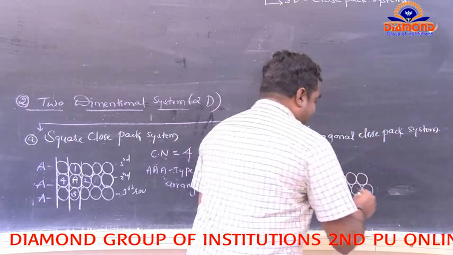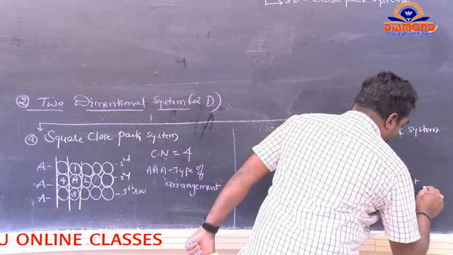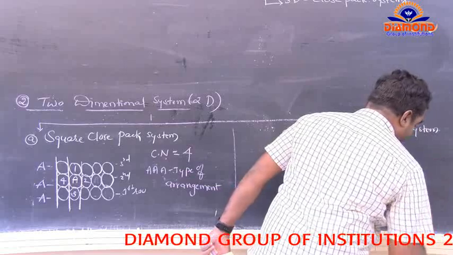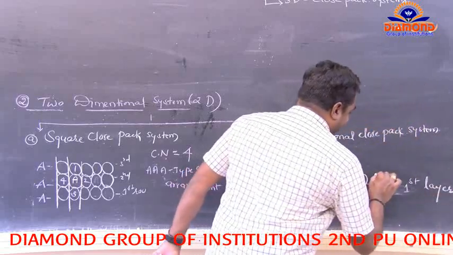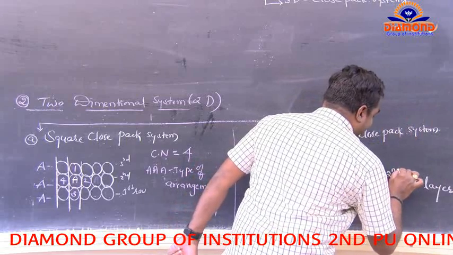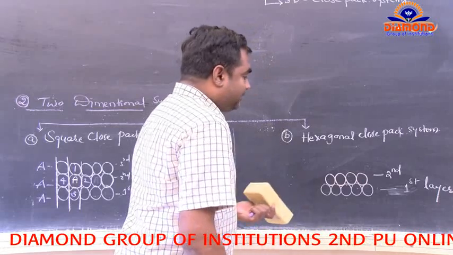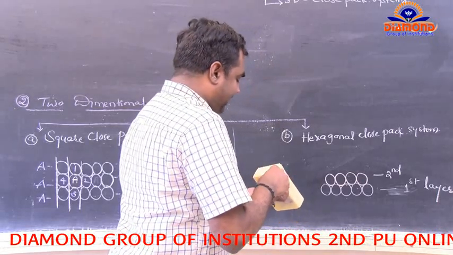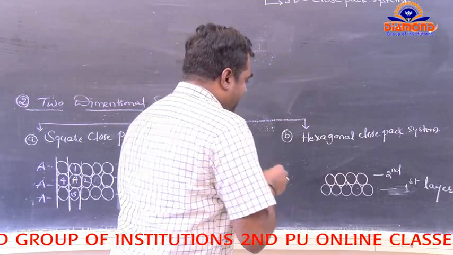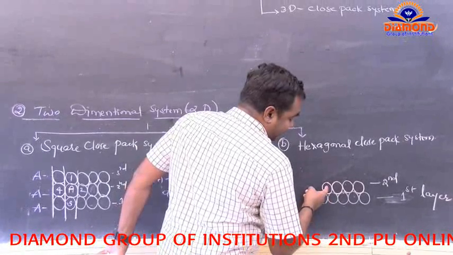Here, this layer is considered as the first layer. It is written as the first layer. Again, it is written as the second layer. Again, the third layer must be taken. How is the third layer placed above the second layer? See here. Now it is the first layer. In between these two, we got the second layer.